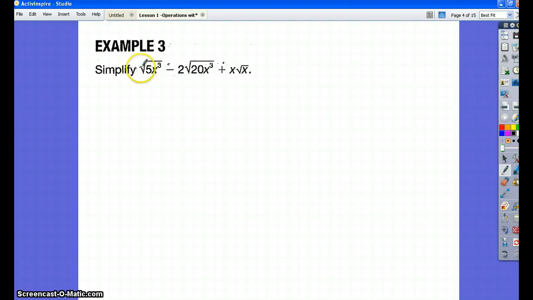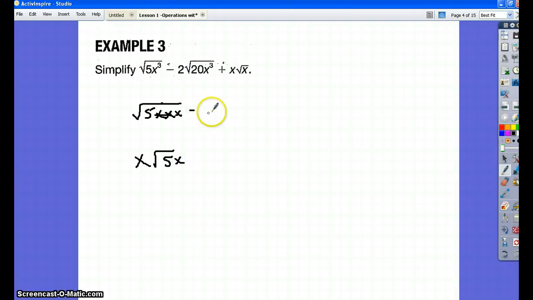Since this is a 5 right here and a 20 right here, we can't just combine those like that. So we just want to break down each one of these. So that's already in simplest terms, except for x cubed, right? This is going to be 5x, x, x. So remember, one of those can come outside because there's a pair, so we can do x square root of 5x.